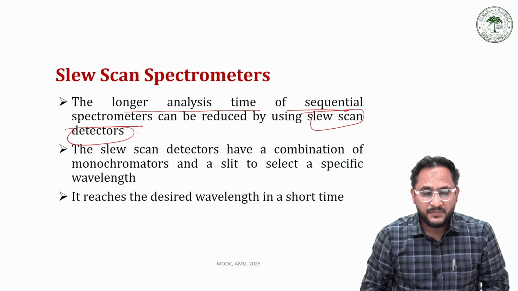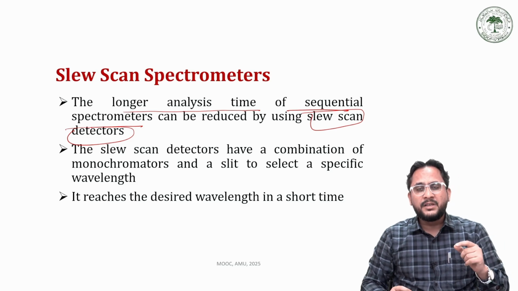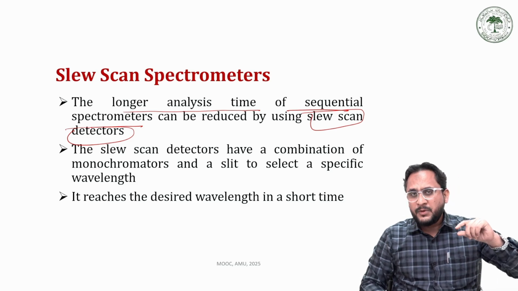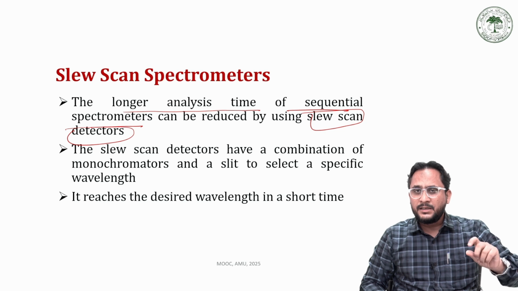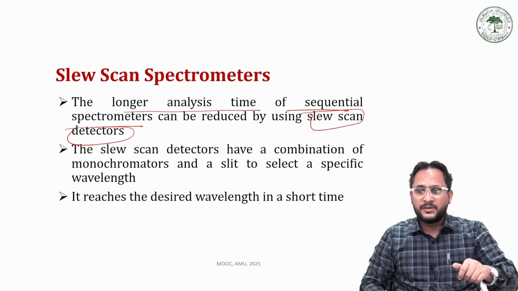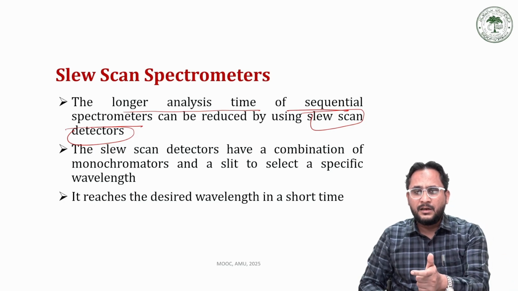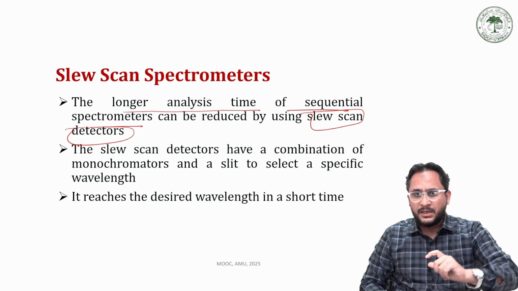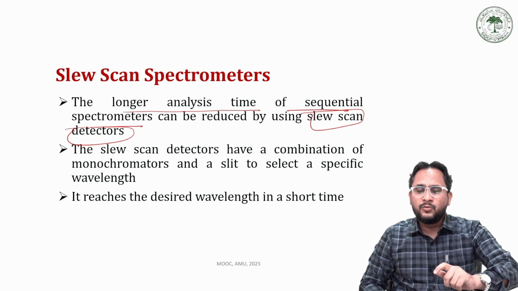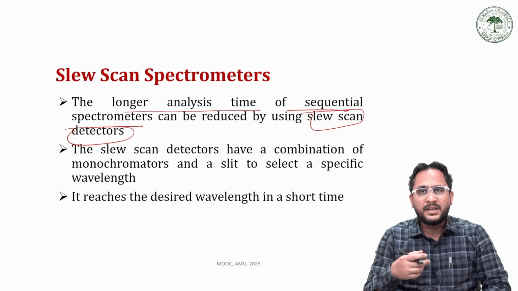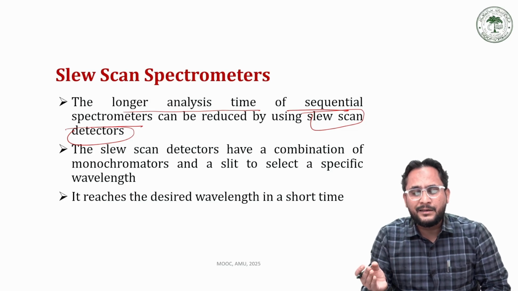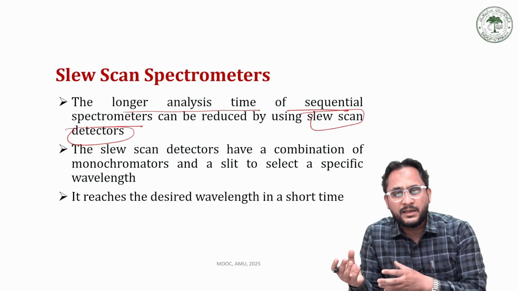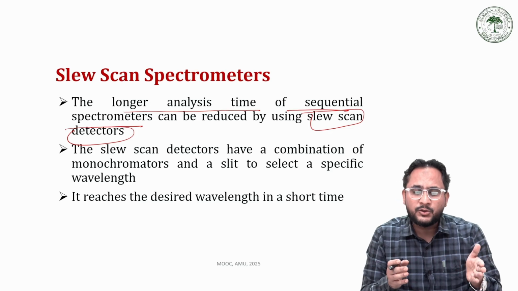But in case of slew scan, the combination is already fixed, and just by rotating the knob we can select a different combination of slit and monochromator, means different combination of grating and slit that allows a different light radiation to pass through it, and a new element is detected. Then again we rotate the knob to fix another combination of slit and grating, and then the third radiation is selected while the first two are excluded.